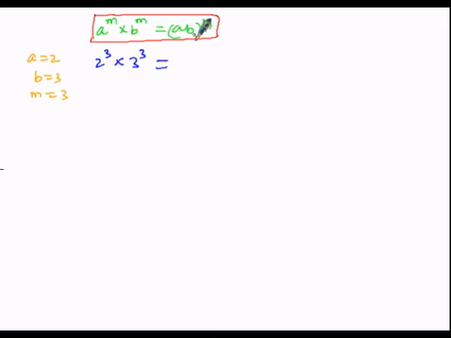So here 2 into 3 whole to the power of m, where m value is 3, so (2 into 3) whole to the power of 3. In this manner we got the result: hence (2 into 3) whole to the power of 3 can be written as 2 power 3 into 3 power 3, which is nothing but the result.